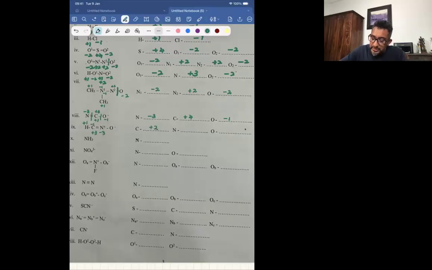Nitrogen is -3. If you break it here, this becomes +1 and this becomes -1. Altogether charge -3, +2 and -1. Oxygen is -2. Is it clear? Did everybody get that?